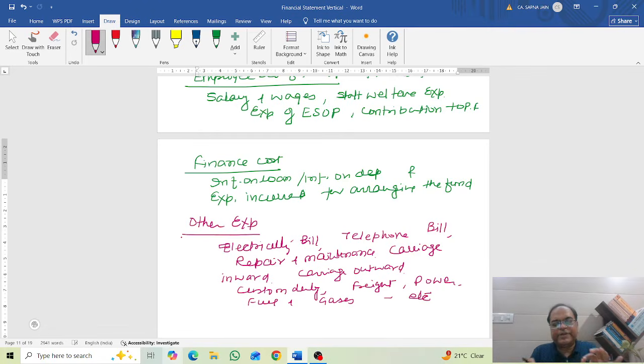Any type of expenditure other than the primary first 6 items is classified under the other expenses. So many types of expenses may be possible.